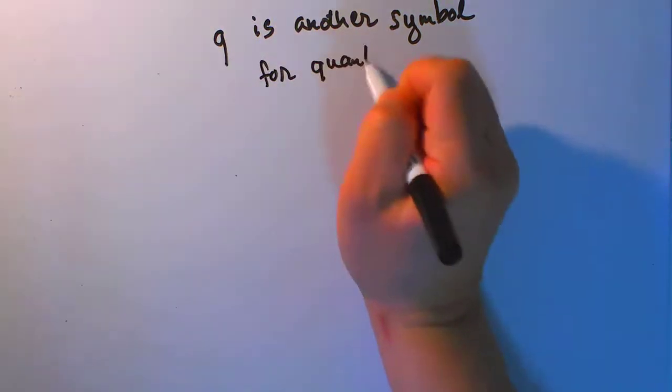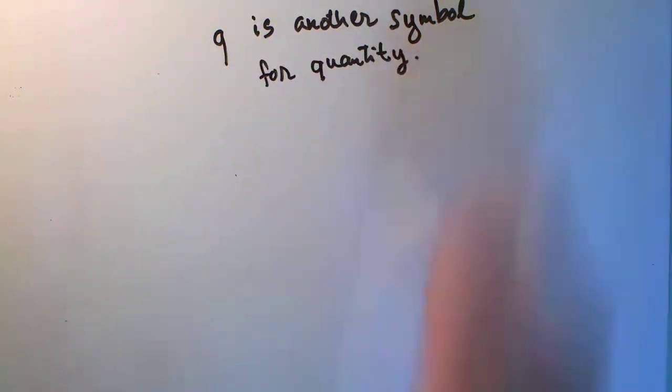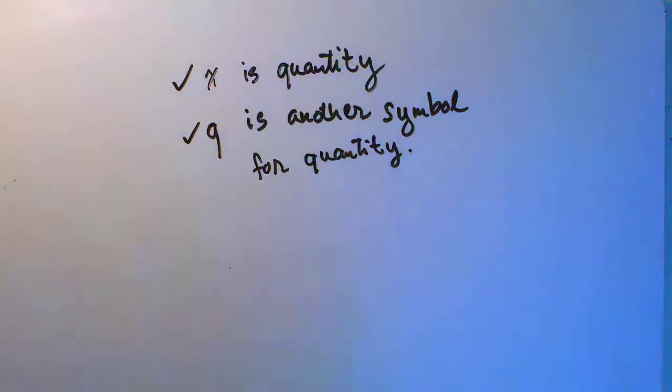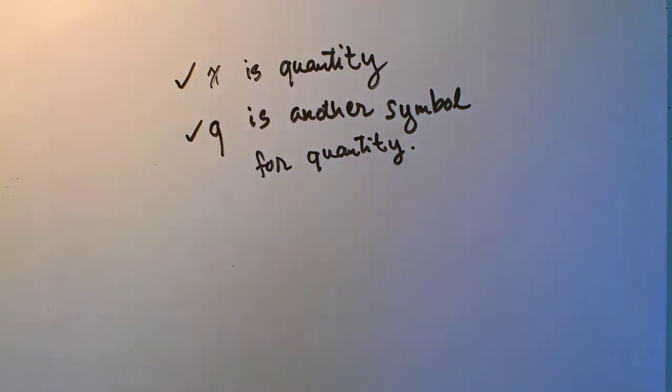Throughout a lot of our examples, I'm going to be using these two variables interchangeably. Sometimes you see a problem indicating x units, that's quantity. Sometimes you see a problem using Q for Q units, that's another variable for quantity.